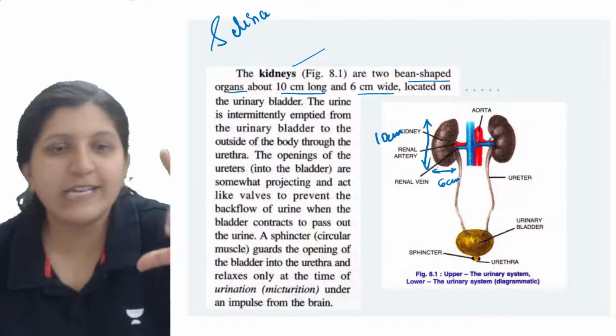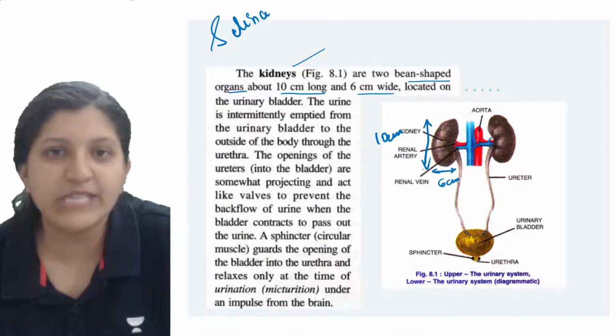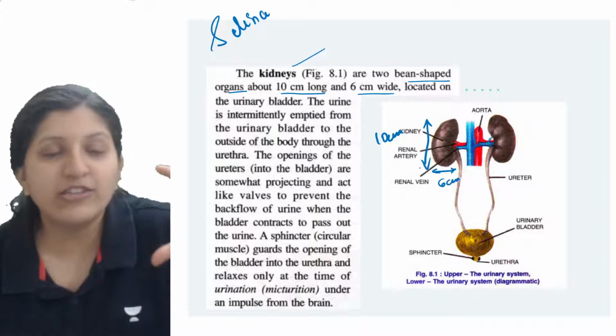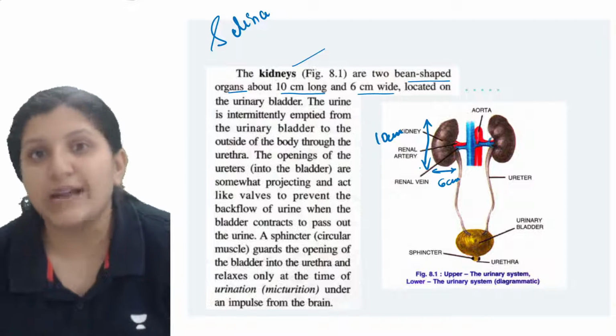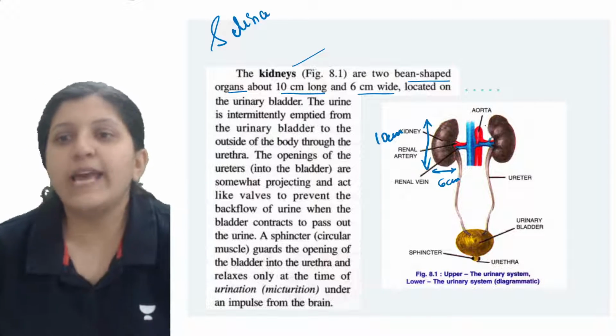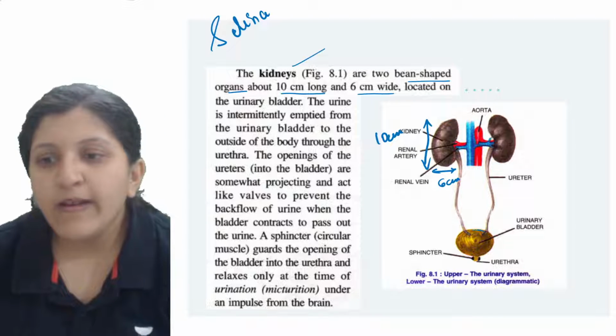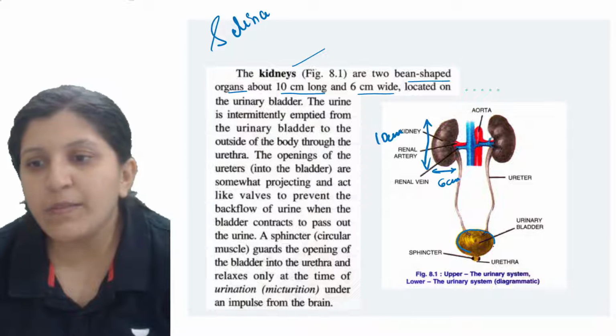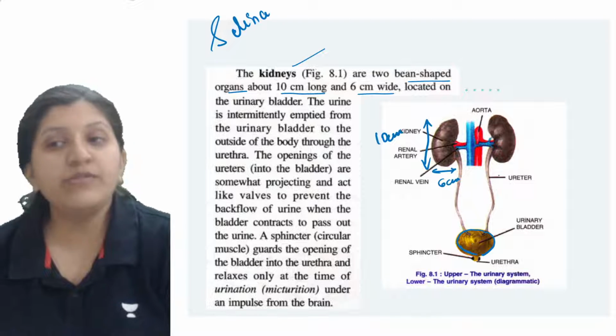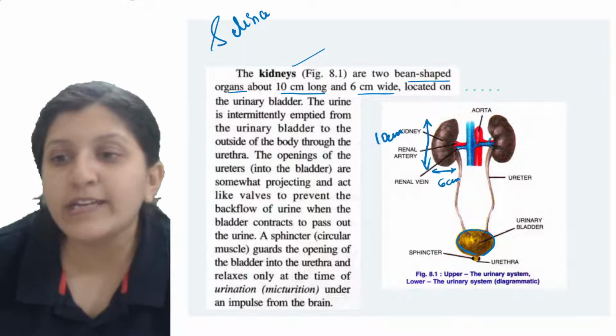So you have this 10 centimeter scale, so just imagine how much 10 centimeter is. The kidney is that big. Then the urinary bladder is located here. How are the kidney and urinary bladder connected?